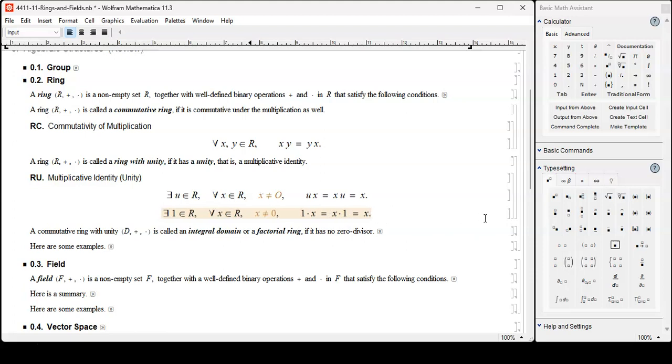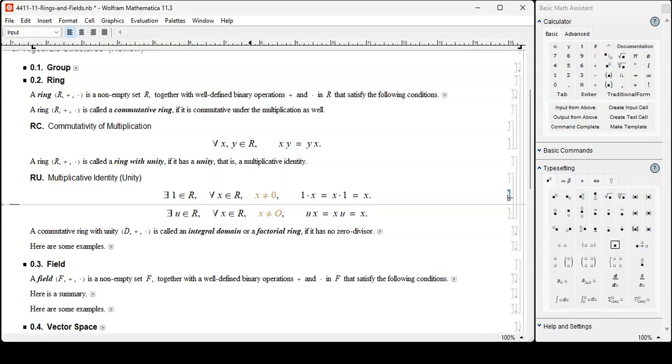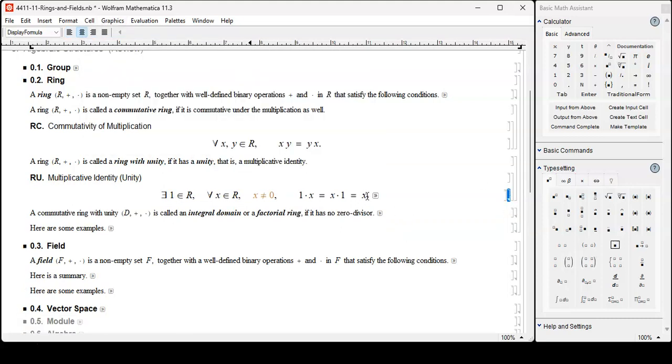You can rewrite like this too. So not all rings have a unity, but some rings do. And not all rings are commutative, but some rings are.